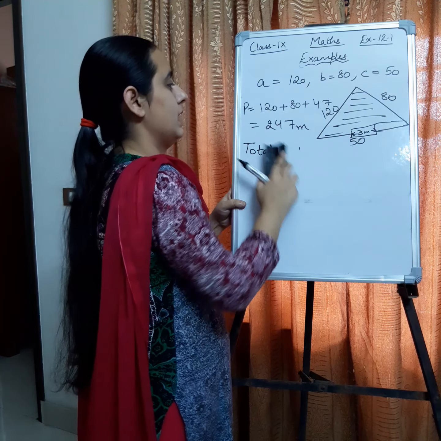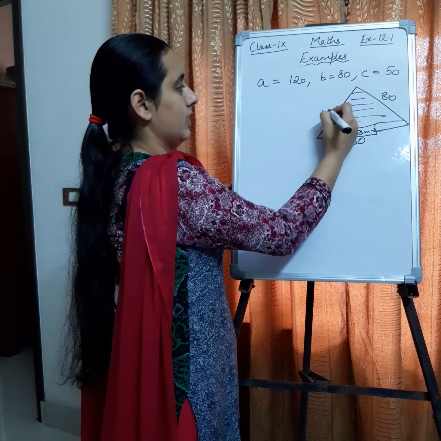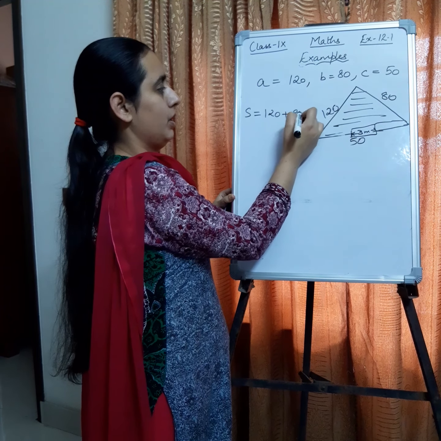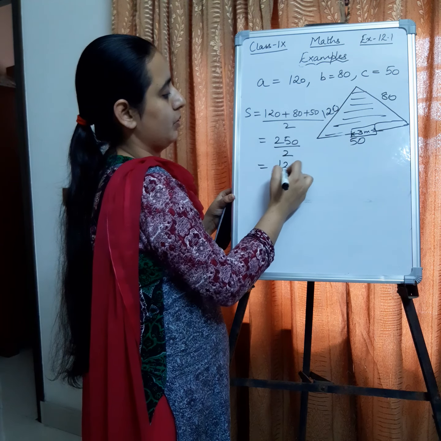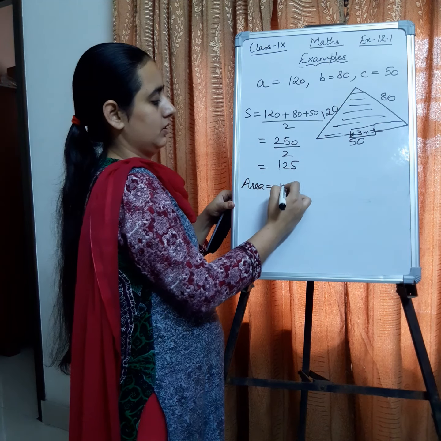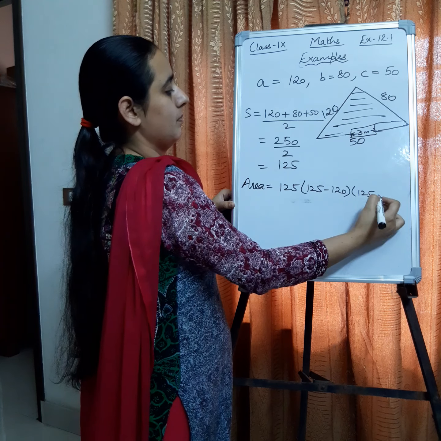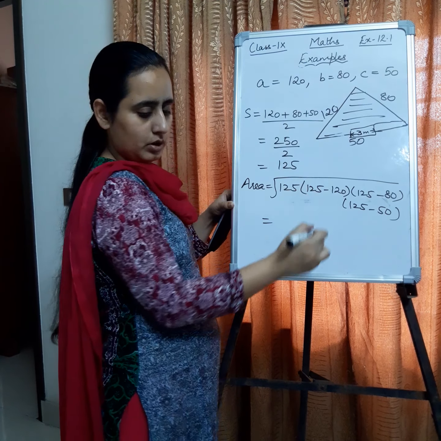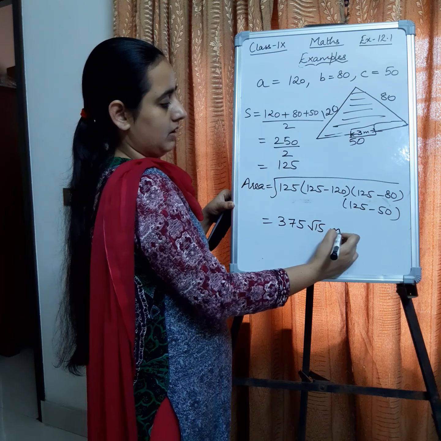Simply the same way as in the first example, you calculate S, then S minus A, S minus B. Let us discuss only up to S. It will be 250 by 2, that is 125, and then similarly you can find the area: the root of S into S minus A, S minus B and S minus C. After solving you will get the answer as 375 root 15 meter square.